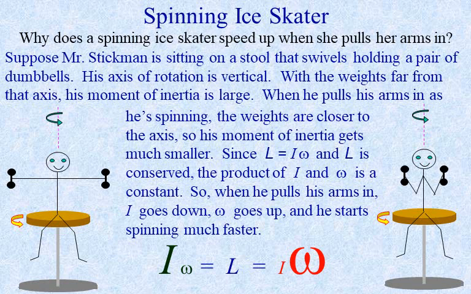But when he pulls his arms in as he is spinning, the weights are closer to the axis, as shown in the right side figure. So his moment of inertia gets smaller, and you know that L equals I omega is constant. So when he pulls his arms in, I will decrease and omega will increase, and he starts spinning much faster.